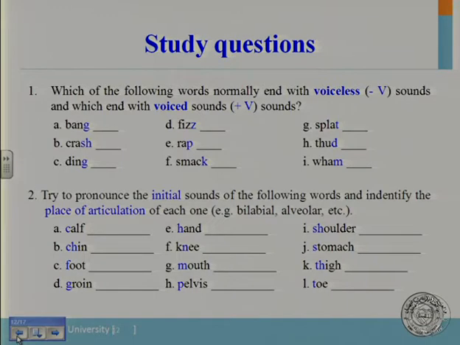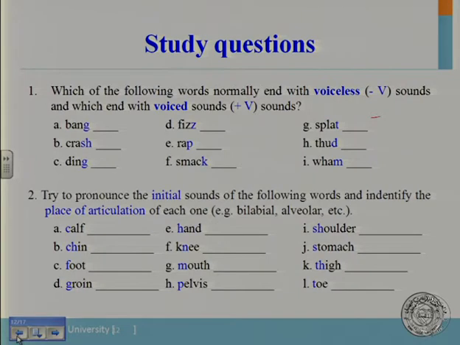If the sound is voiceless, we are going to use minus V, means no voice, voiceless. But if it is voiced, we will use plus V, positive V, which means that the sound is voiced. Now, we'll start one by one.